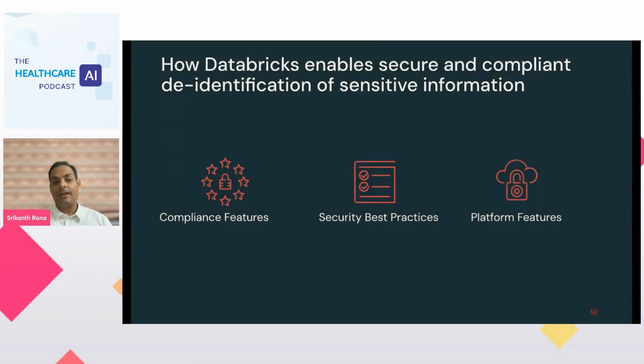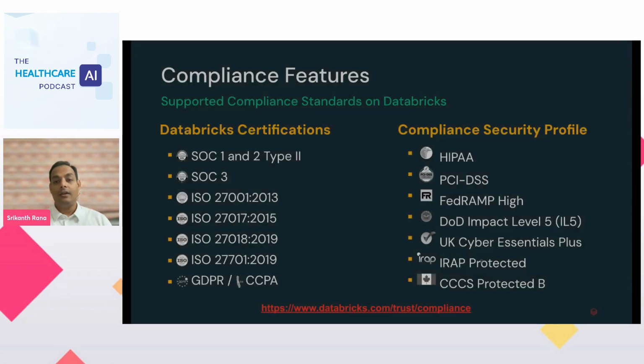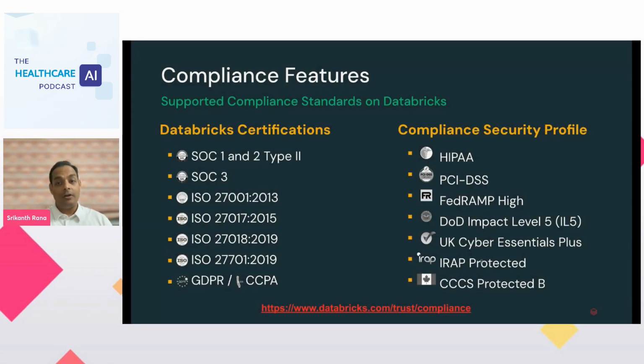Now, let's see how Databricks enables secure and compliant de-identification of sensitive information. It does that through a combination of compliance features, security best practices, and platform features. Let's look at them one by one. Databricks supports compliance with several industry specific and international regulatory requirements such as HIPAA, GDPR, CCPA, PCI DSS.